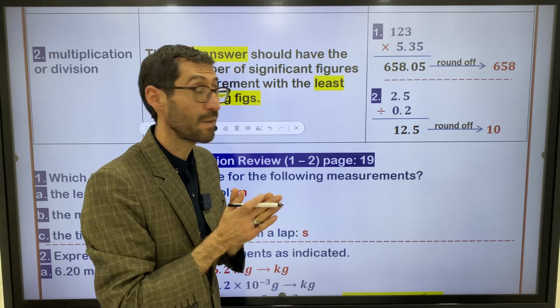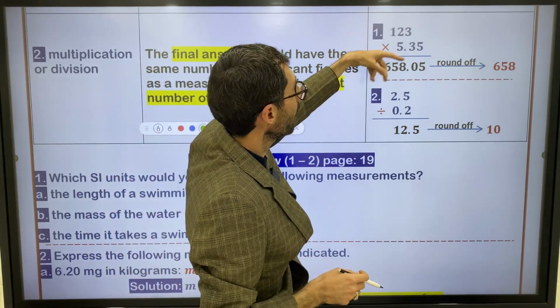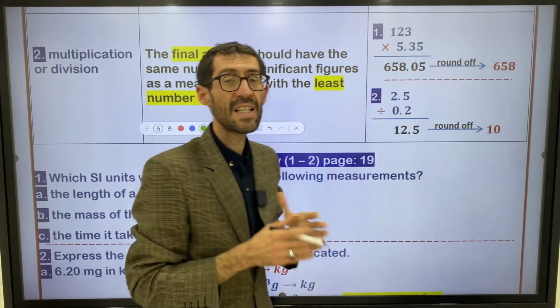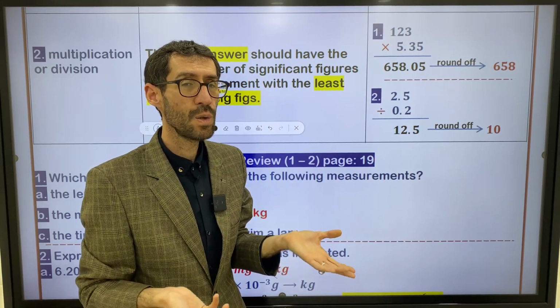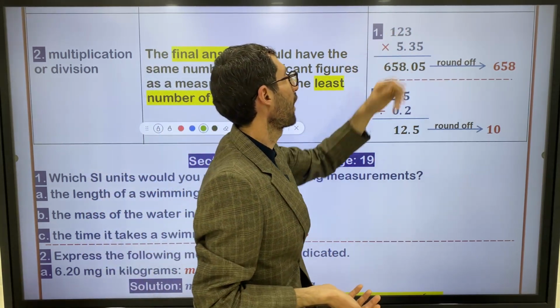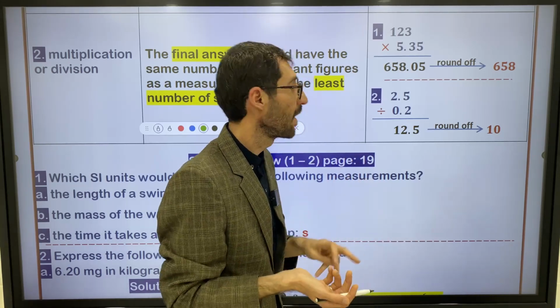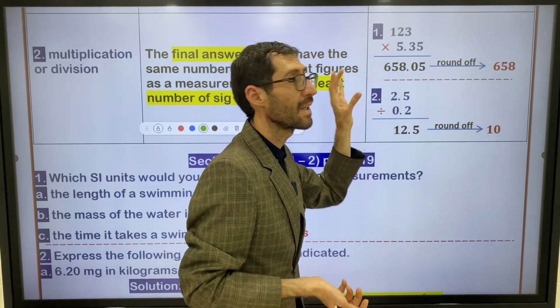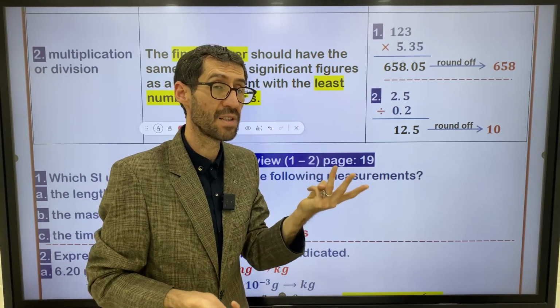Which one has the least significant figures? Actually, both of these numbers have the same significant figures. Both of them have 3 significant figures. The answer should have 3 significant figures, right?